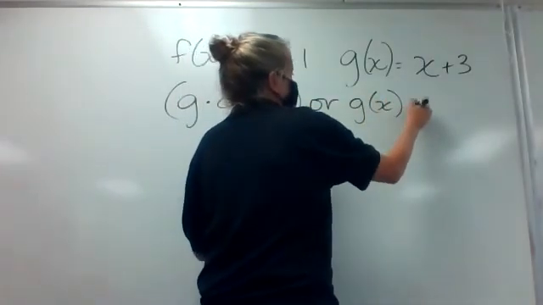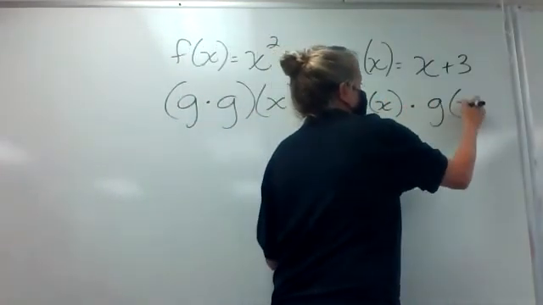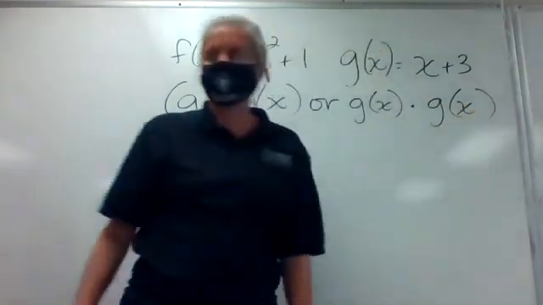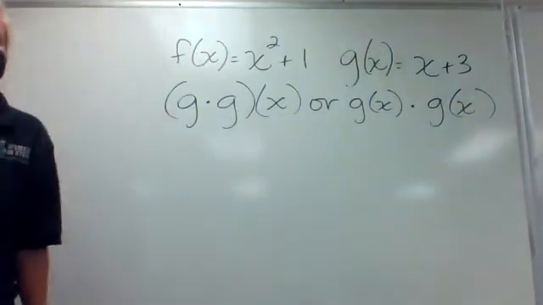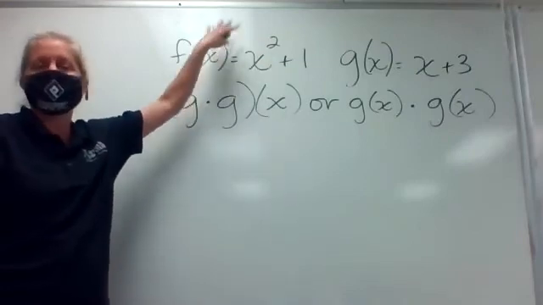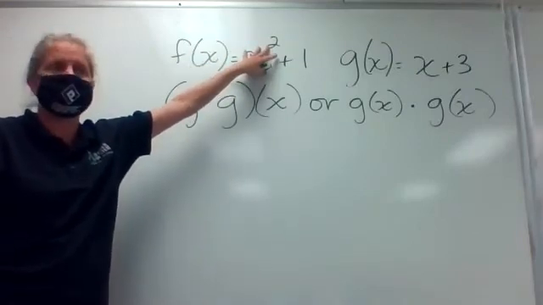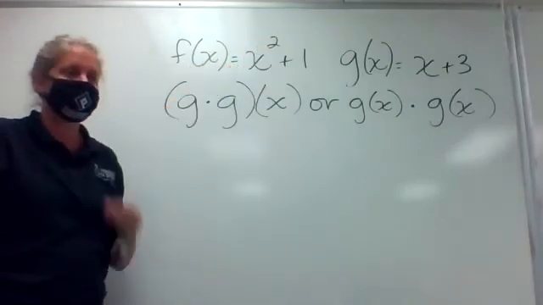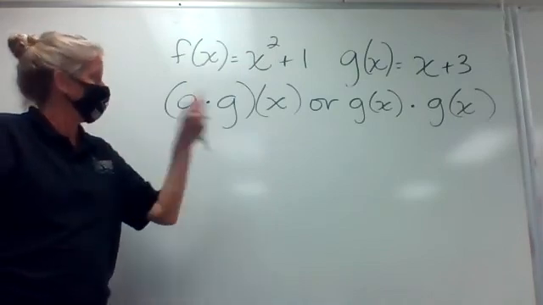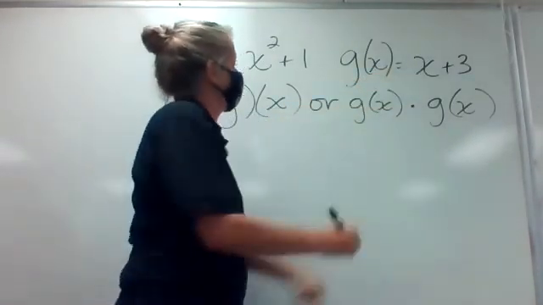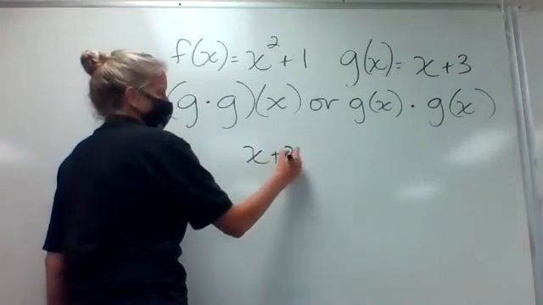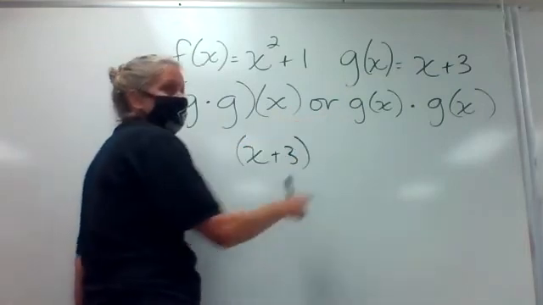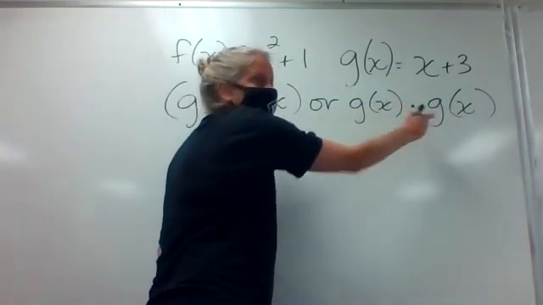It gives us an f of x, but it doesn't even ask us to do anything with it in this problem, right? So this is meaningless for this problem. So g of x is x plus 3, so x plus 3 times another x plus 3.